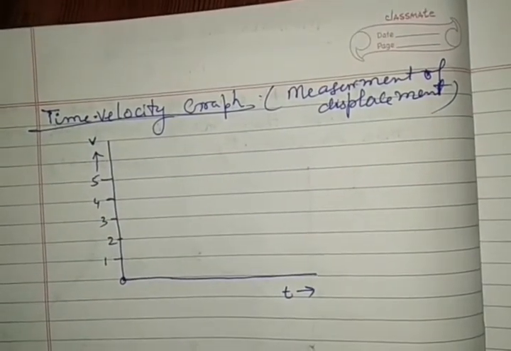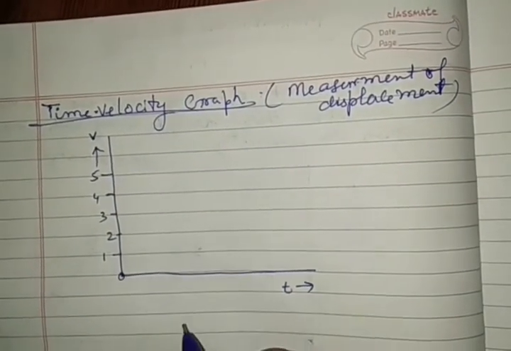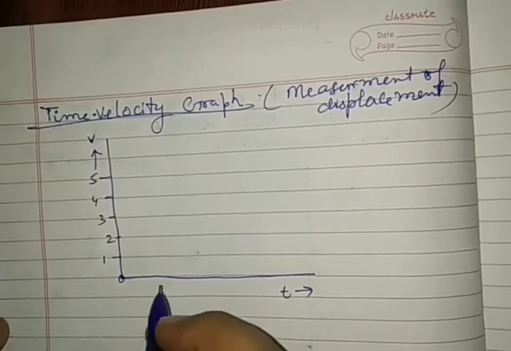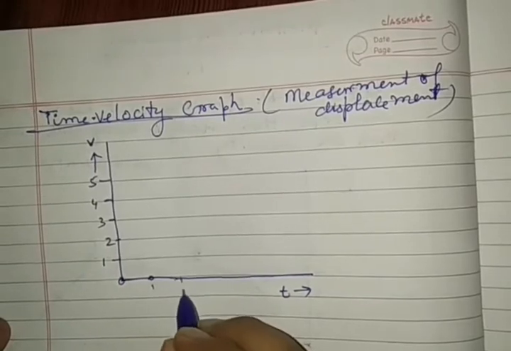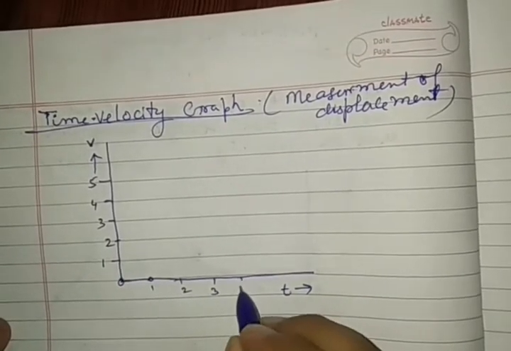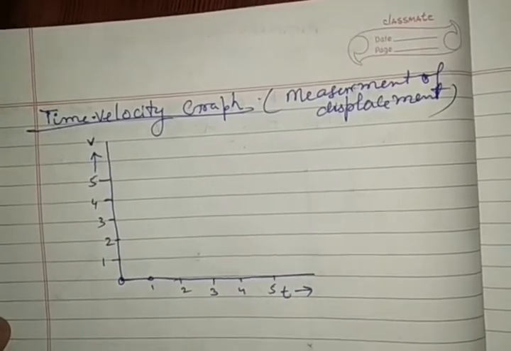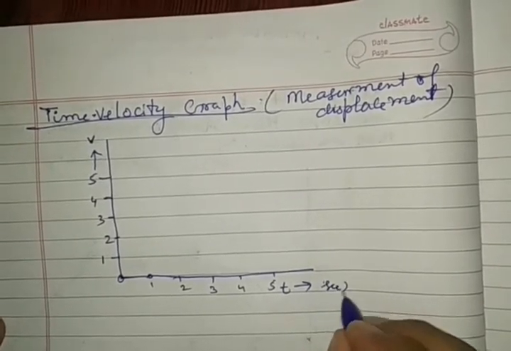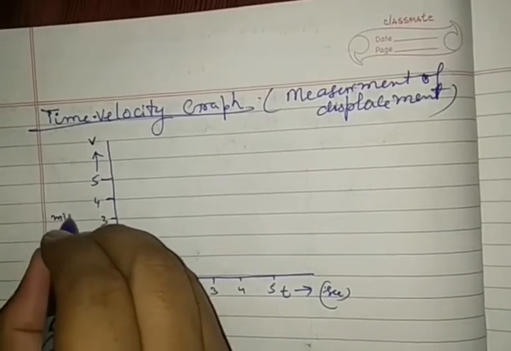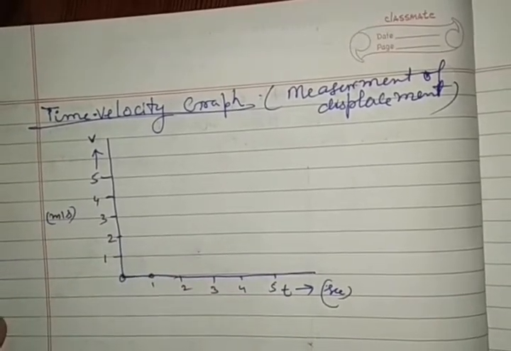Very carefully see. And here time is 1, 2, 3, 4, 5 and so on. This time is, suppose we are taking in seconds and velocity is in meter per second.